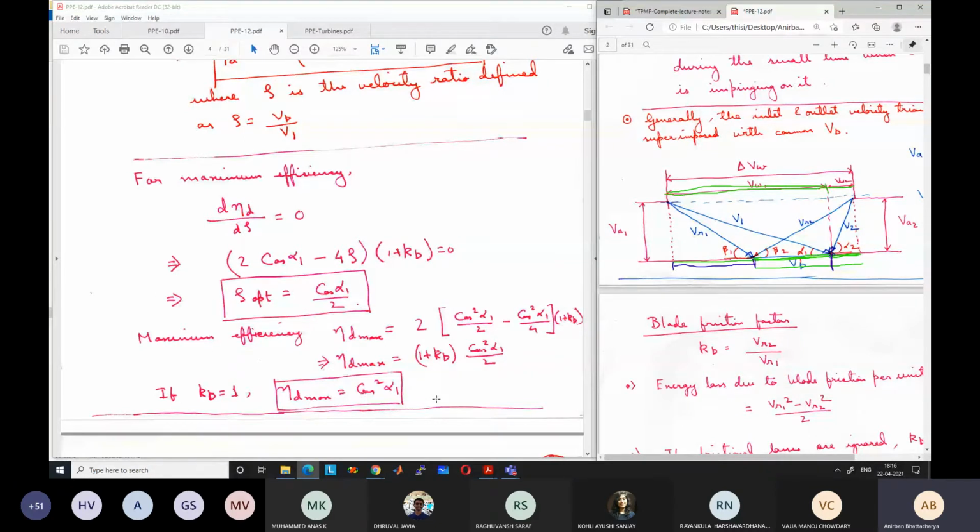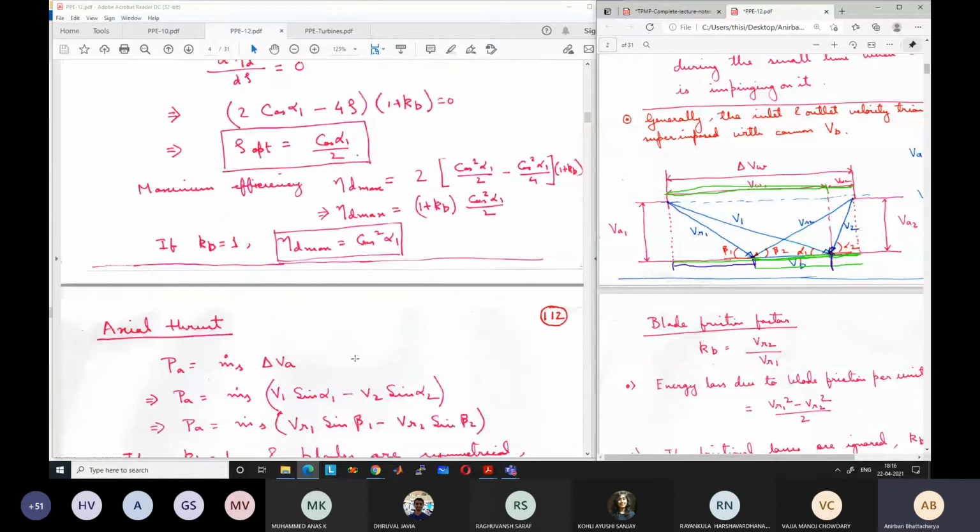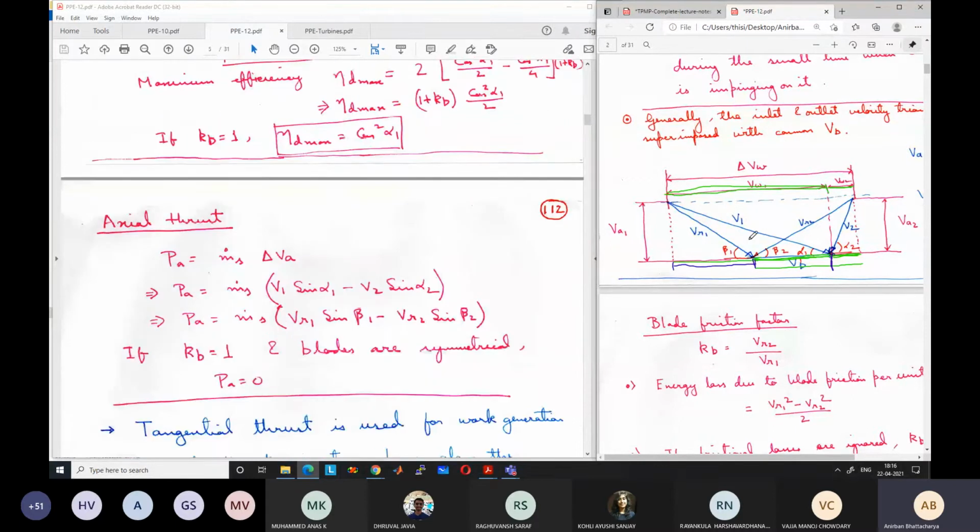But if there are frictional losses, then there is a change in the axial component of velocity, equal to VA1 minus VA2. Drawing is very difficult using the mouse, but this small change is delta VA, the change in the axial component of velocity. This, multiplied by the mass flow rate, gives us the axial thrust.